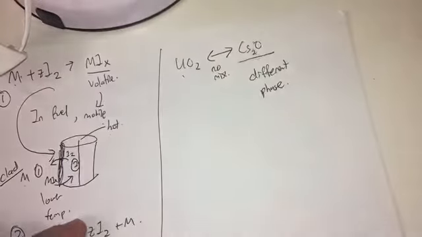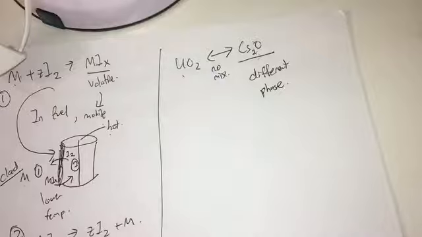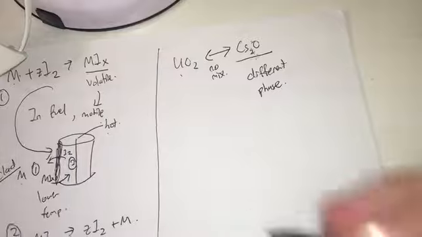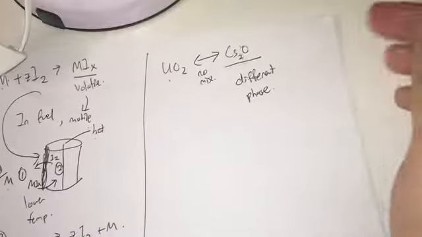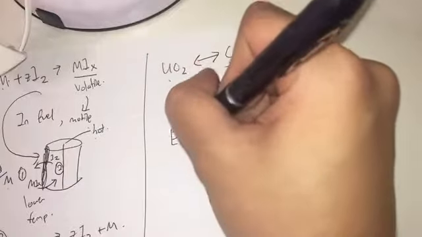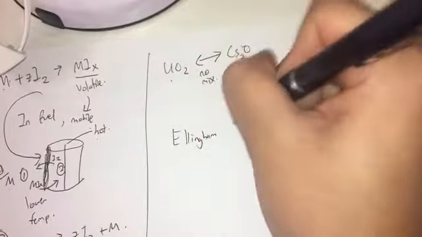They do not dissolve in the UO2 in the same phase. On the other hand, we do have oxides that can dissolve in UO2. And how can we see which oxides are dissolvable? We can look at this thing called an Ellingham diagram.